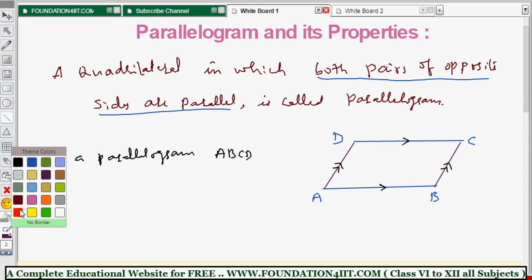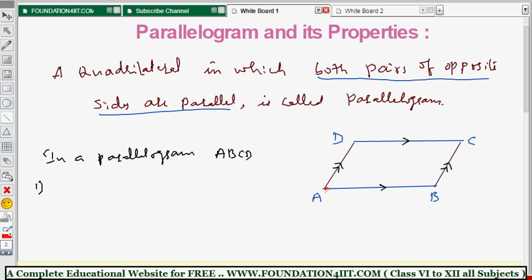AC is a diagonal and BD is a diagonal. The diagonals intersect at point O. Let us see the properties one by one. The first property is that opposite sides are parallel. That is from the definition itself.